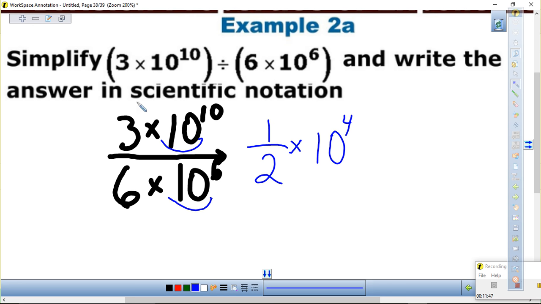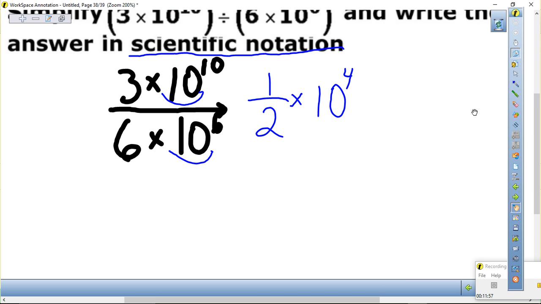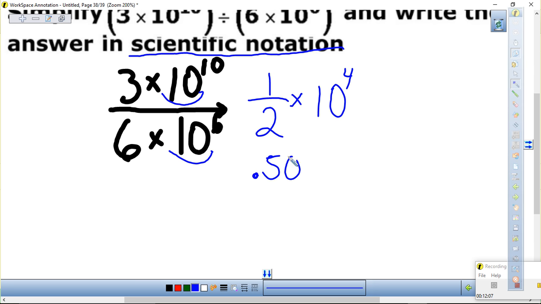All right. However, look at the instructions. They want this in what? Scientific notation. So is this scientific notation? No, we need to change this to a decimal. We know the equivalent decimal is what? 0.5. I'm going to put 0.5 times 10 to the 4th. But still, this is not scientific notation. Tell your neighbor what you need to do, please.